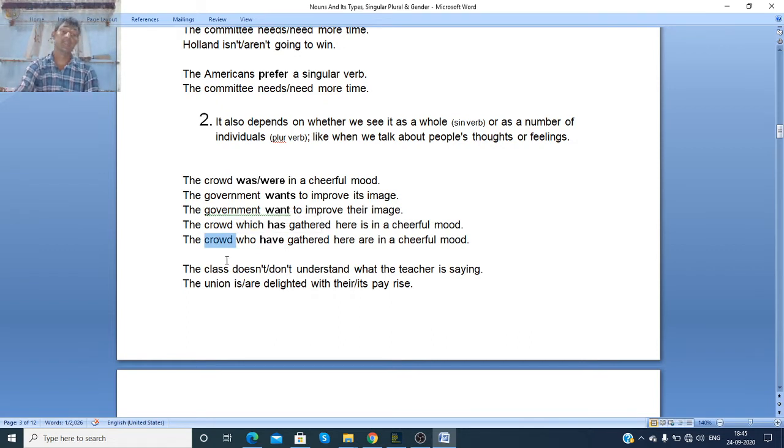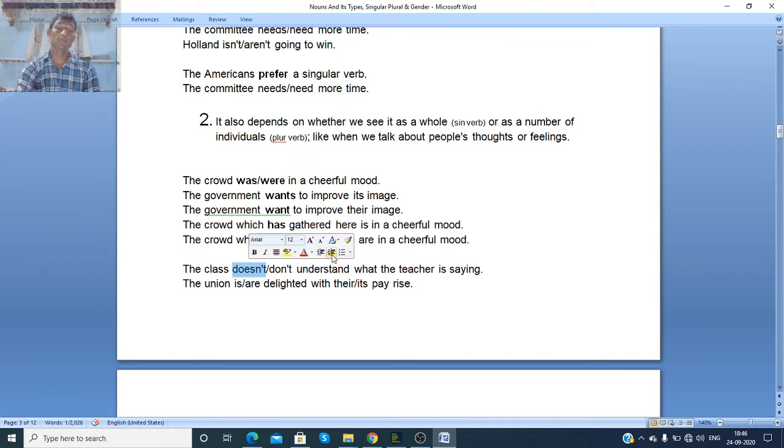And the same thing with: the class doesn't understand what the teacher is saying. Class is a collective noun, and we use the singular form when we see that all of the students are not understanding.